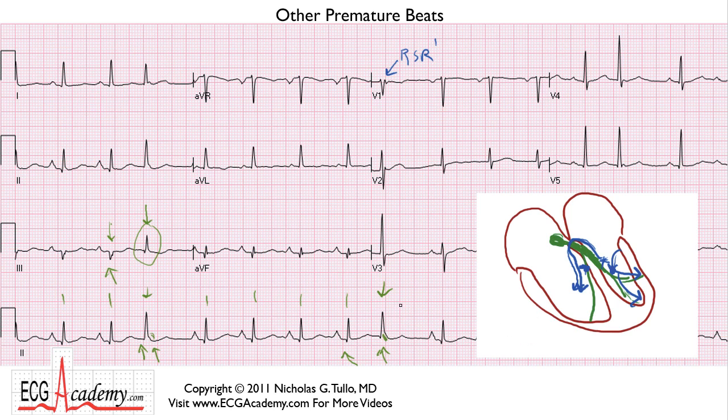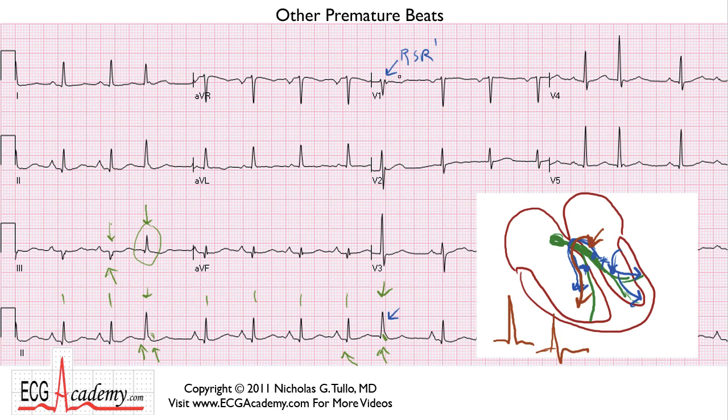In fact, it's conceivable that this beat arose from just below the His bundle, somewhere in the left bundle branch. So if it arose from the left bundle branch, just below where the two branches split, it didn't have to go far to get down the right bundle again. And so instead of having a narrow QRS complex, what you get is a little bit of aberrant conduction. It causes the QRS to become a little bit wider, but not quite so wide that you can call it a true ventricular premature beat.